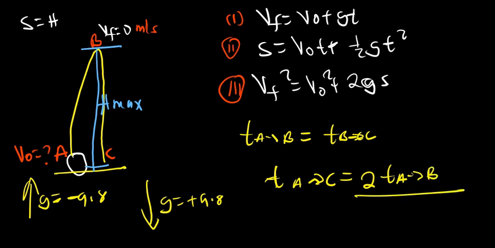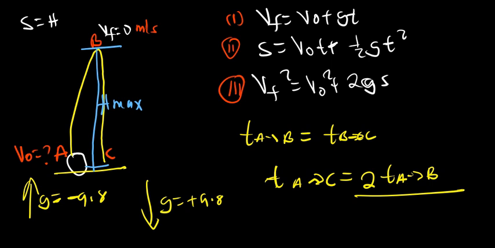The question they ask to find the time from A to B is: find the time it takes to reach the maximum height. Meaning they're asking you to find the time from A to B. If they ask how long it was in the air, they're asking for the total time in the air, from A to C. It goes from A to B, then back to C. Meaning you find the time from A to B, then times 2.